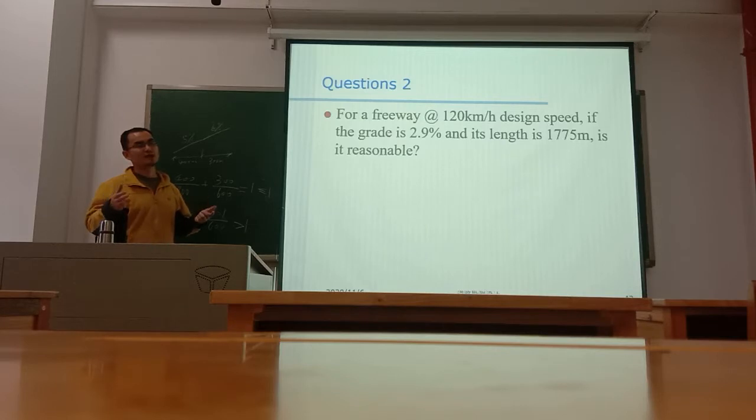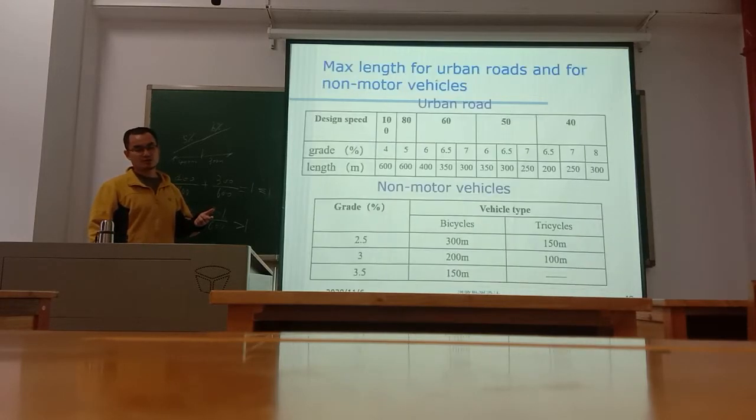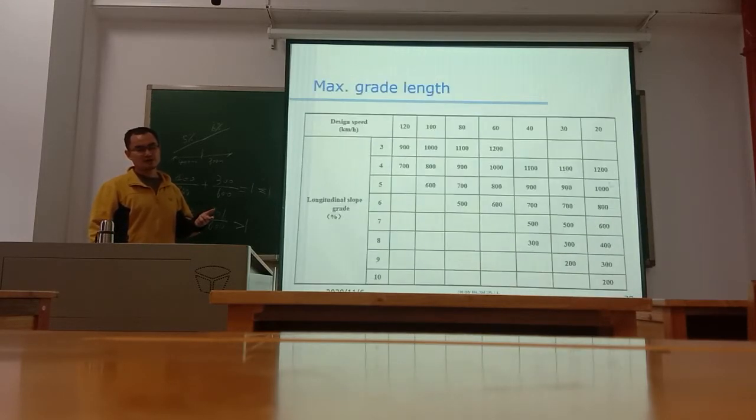But in China, highway contains freeway. So in which table do we use? This table for highway contains freeway.